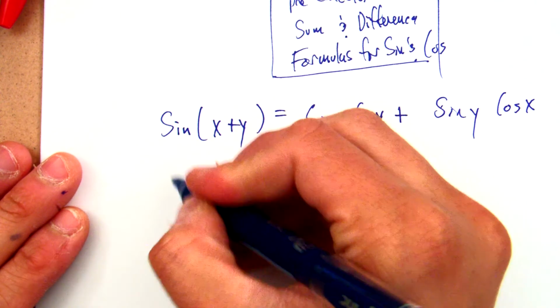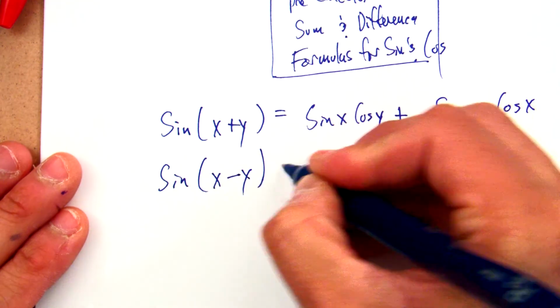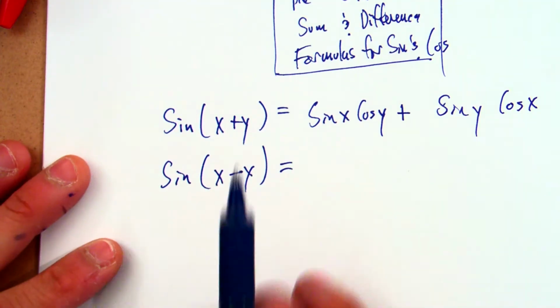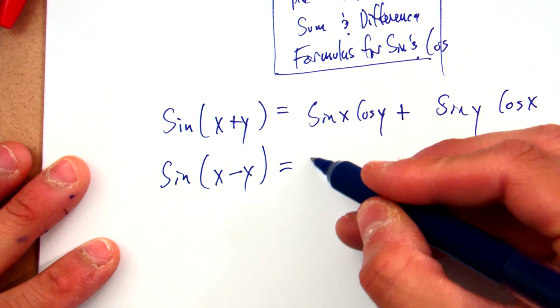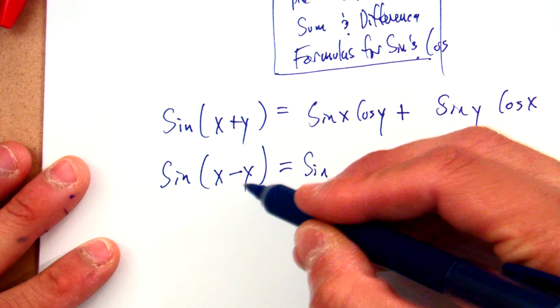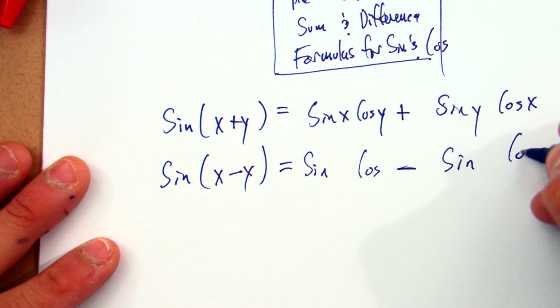So here's the difference one for sine. It's x minus y. Remember, sine keeps the sign, so if this is minus, this one is also going to be minus. And then we write sine, cosine, then sine, cosine.